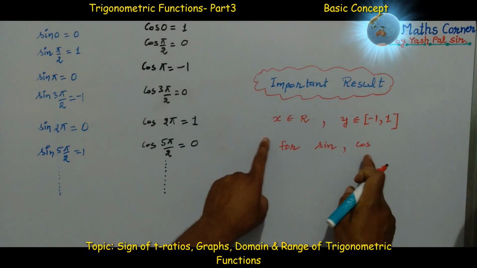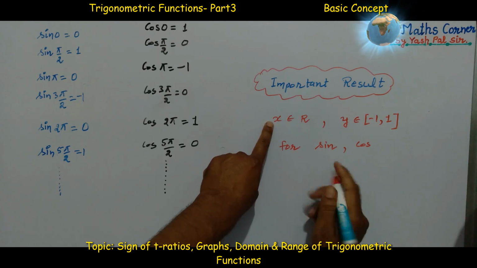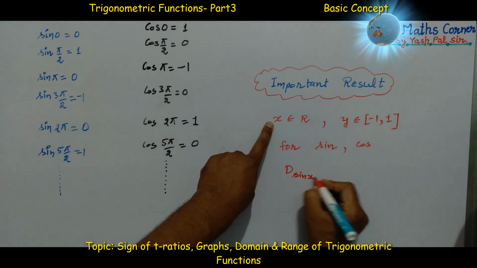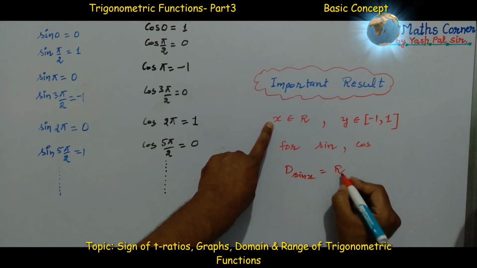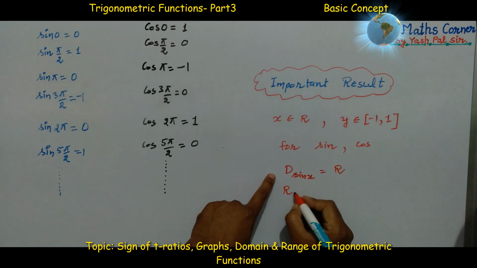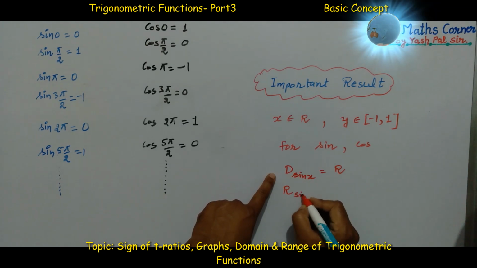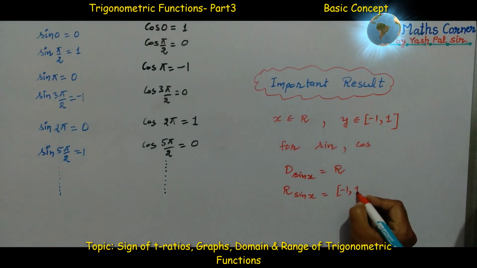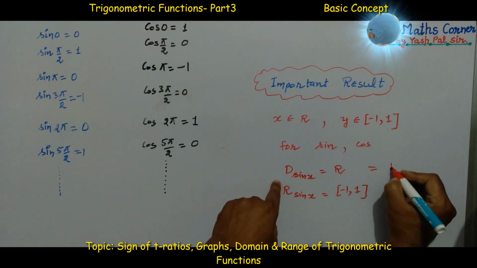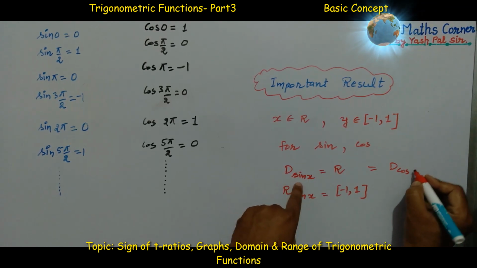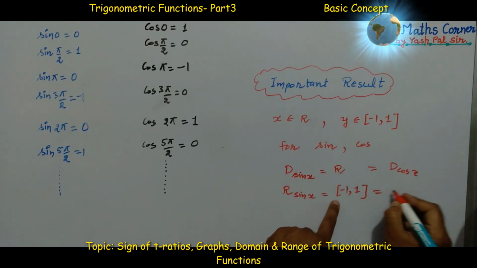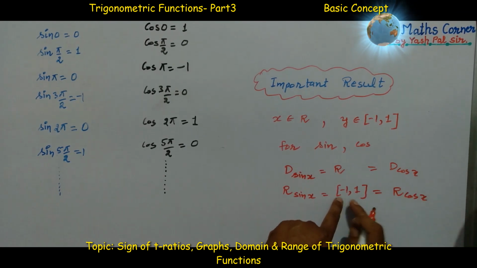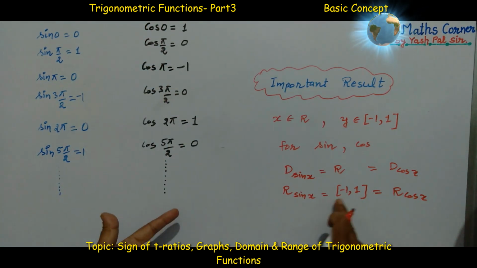So the domain of sine x is equal to the set of all real numbers, and the range of sine x is equal to minus 1 to plus 1. Similarly the domain of cos x is equal to the set of all real numbers, and the range of cos x is equal to minus 1 to plus 1.